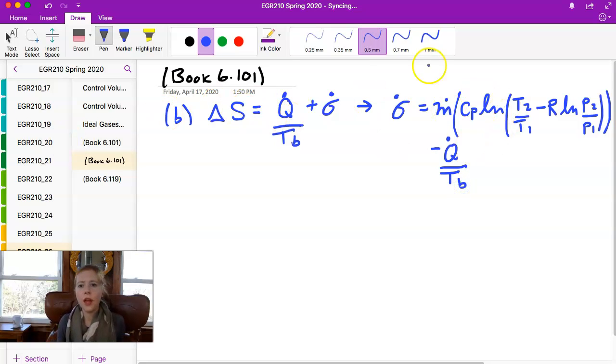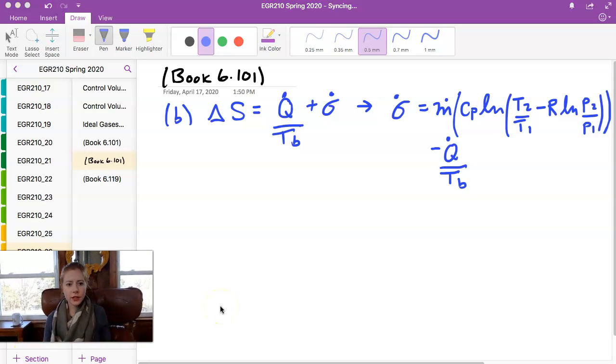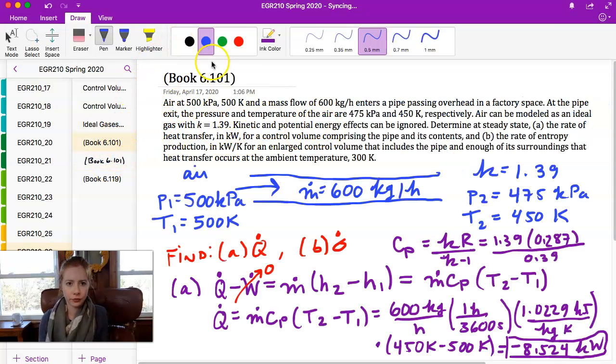All right, so let's break this down a little bit here. This is a process with constant specific heat, as we found in the first part, with Cp equal to 1.0229 kilojoules per kilogram Kelvin.